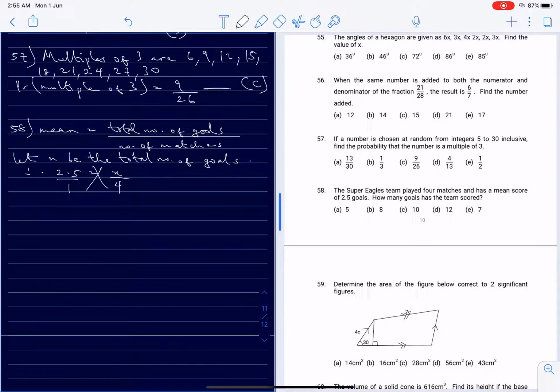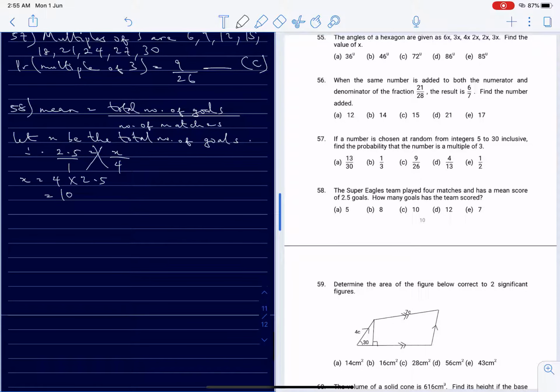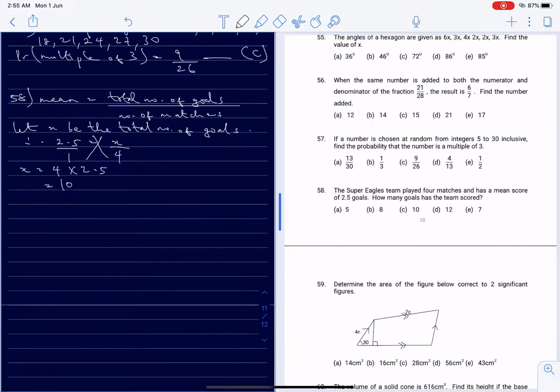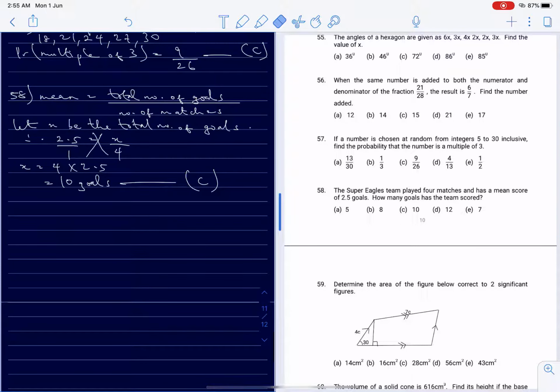Of course, this is 2.5 over 1. That means X equals 4 times 2.5, which is 10. How many goals has the team scored? That means the team has scored 4 goals. Oh, sorry, 10 goals. And the correct option is C.